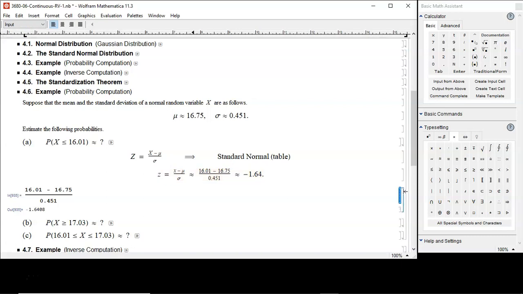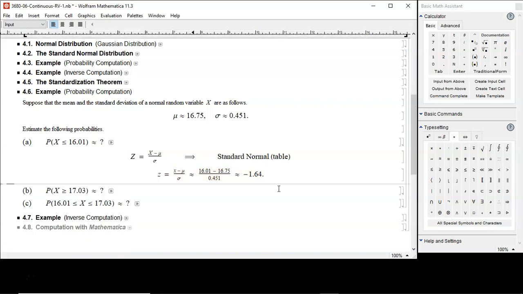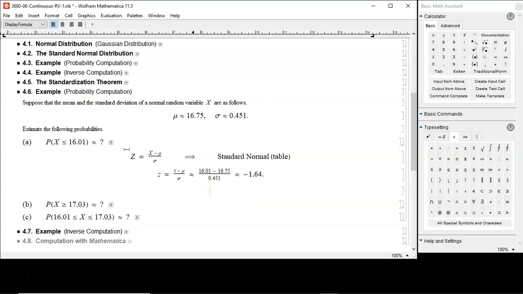Negative 1.64, and therefore this probability that X is less than or equal to 16.01 is equal to the probability that Z is less than negative 1.64.